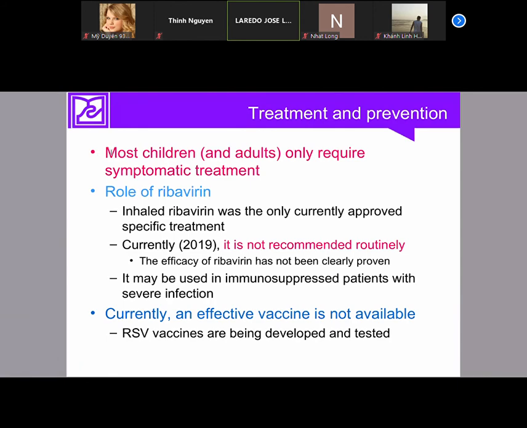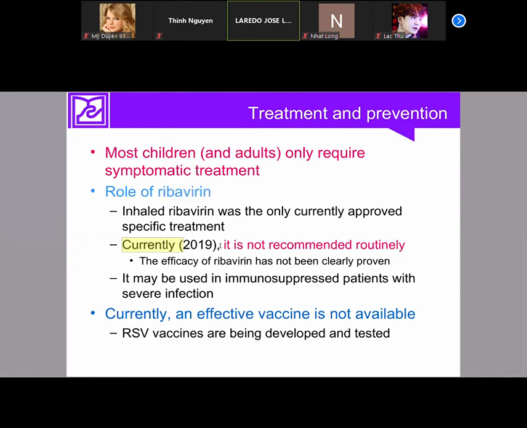So look, bronchiolitis is also a mild disease. Only sometimes bronchiolitis becomes severe. So most people, children or adults, only require symptomatic treatment. For many years, ribavirin, this is an antiviral that I explained to you in self-learning topic 5, was the treatment of bronchiolitis.